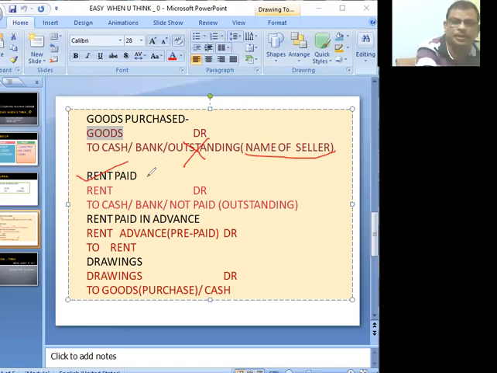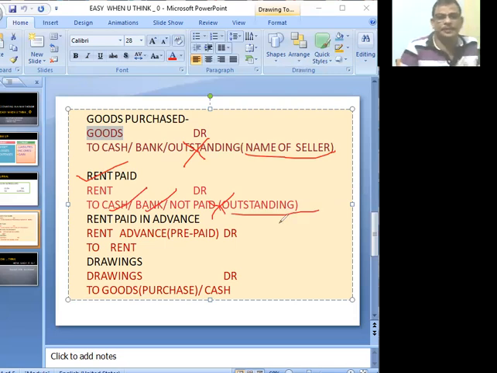Either we pay cash, or we pay by bank, or it will not be paid. First case, rent debited to cash if it is paid in cash. If it is paid by check, it will be bank. If it is not paid, then it is outstanding.